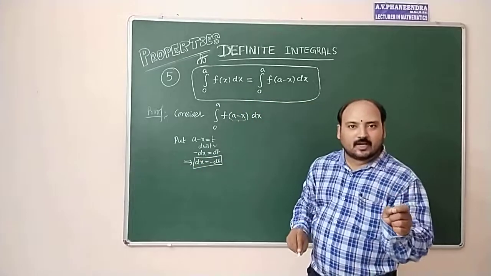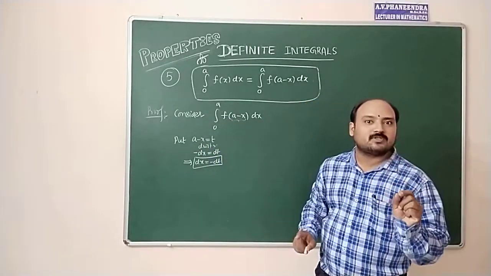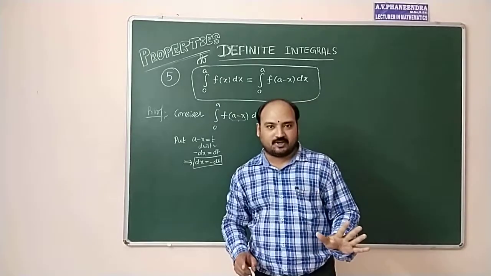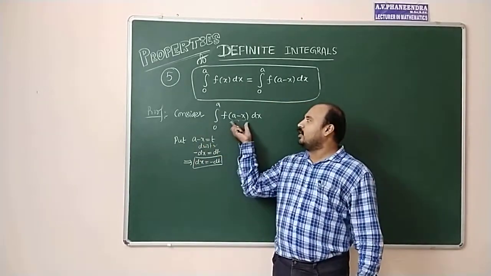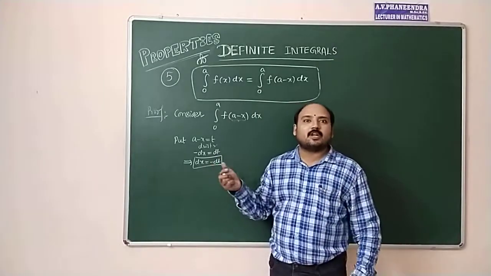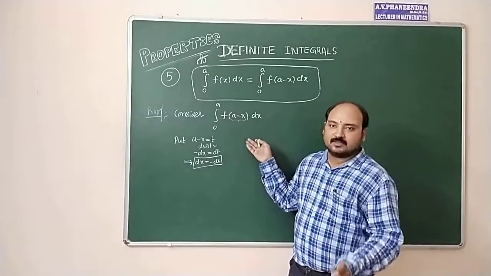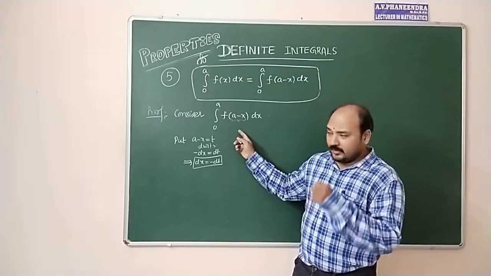Whenever you are making a substitution in definite integrals, the limits will change. You remember that, dear students, this is a very important point. Whenever you take some value as t or any other variable, the limits automatically change. Why? Because the given question, the LHS, is in terms of x.